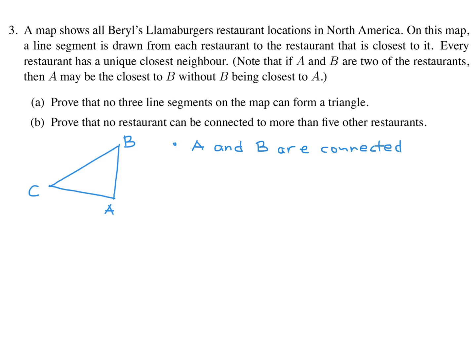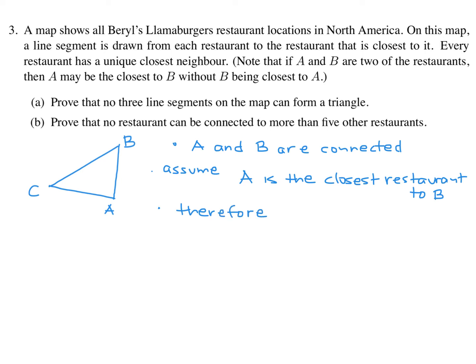Okay, so I don't know what the exact scenario is, so I will assume that A is the closest restaurant to B. Now, if that is the case, then since only one restaurant can be the closest to the other, we can conclude, therefore, that C is not the closest restaurant to B. Correct? Because every restaurant has a unique closest neighbor. Every restaurant has only one restaurant that is closest to it.